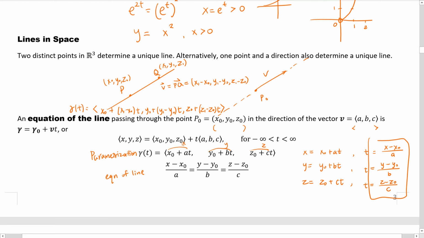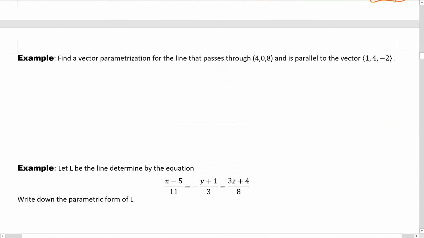Let's continue. Find a vector parameterization for the line that passes through the point (4, 0, 8) and is parallel to the vector ⟨1, 4, minus 2⟩.